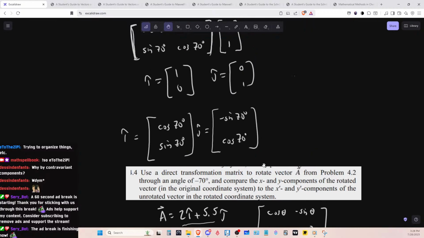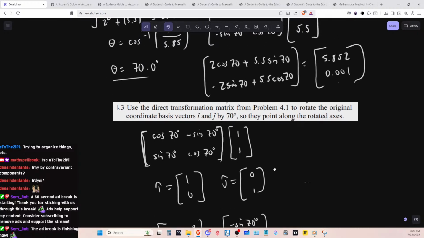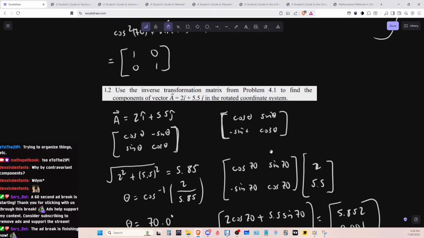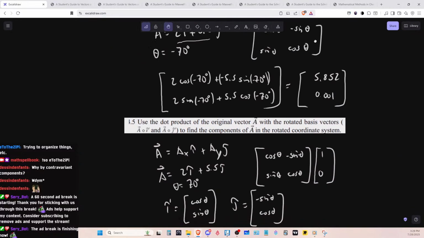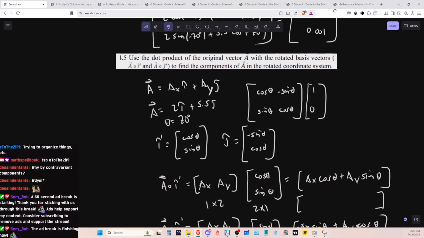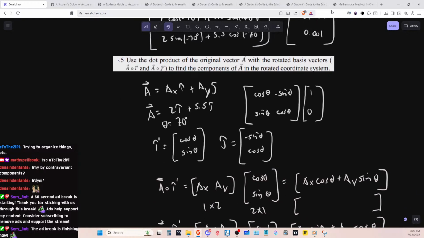This one I think I got a little bit confused about. Let's see, what did they write here? Because they said inverse transformation. But in this one, I think I got messed up because they said with rotated basis vectors.